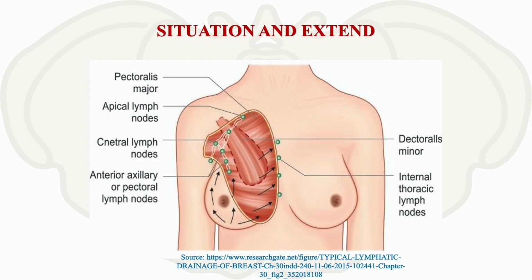So we have now learned about the anatomy of the pelvic floor, the perineum and the breast. And during pregnancy, there are a lot of changes taking place in the pelvic floor and the breast. So this knowledge will help you to relate to this information when you take care of pregnant ladies.